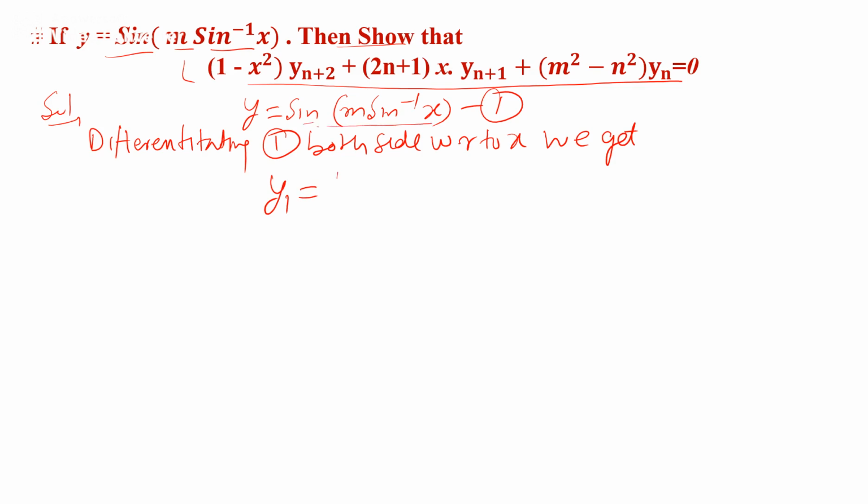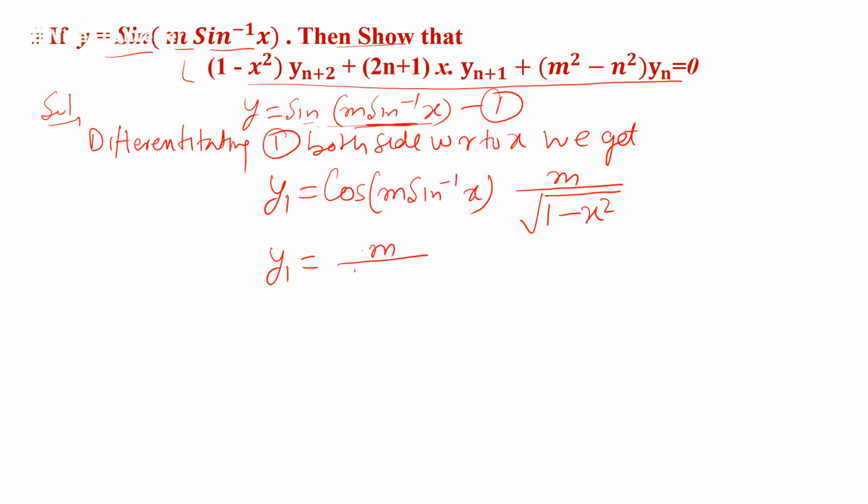Derivative of sine is cos(m sin⁻¹ x), and now the derivative of m sin⁻¹ x, we write m upon under root 1 minus x square. So here you can write y1 equals m upon root 1 minus x square into cos(m sin⁻¹ x).